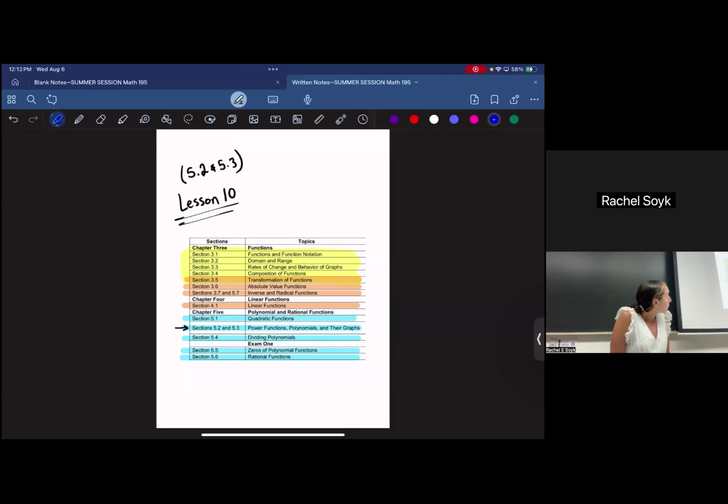Right, so sections 5.2 and 5.3 dealing with our power functions, polynomials, and their graphs.